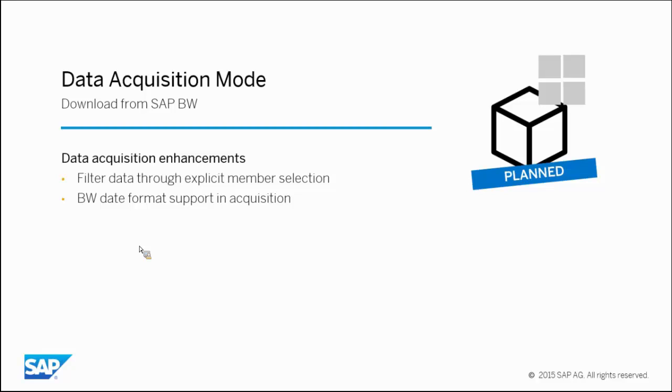And another important enhancement we plan to do is to support the date format which is configured on the BEx queries. So today, when you acquire a date object to Lumira, you have to manually associate a date format.